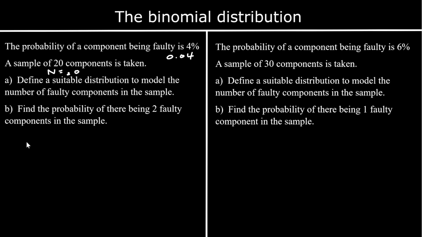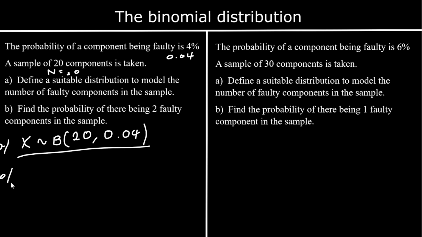So we're going to say, let's call the distribution X. X is distributed binomially with n being 20, and the probability each time of success, or the component being faulty, is 0.04.